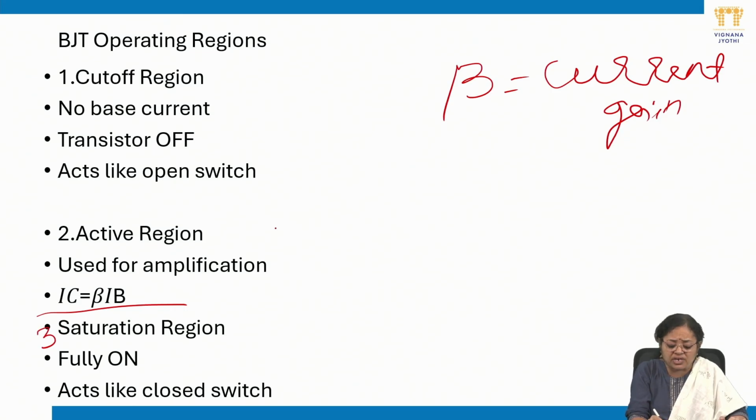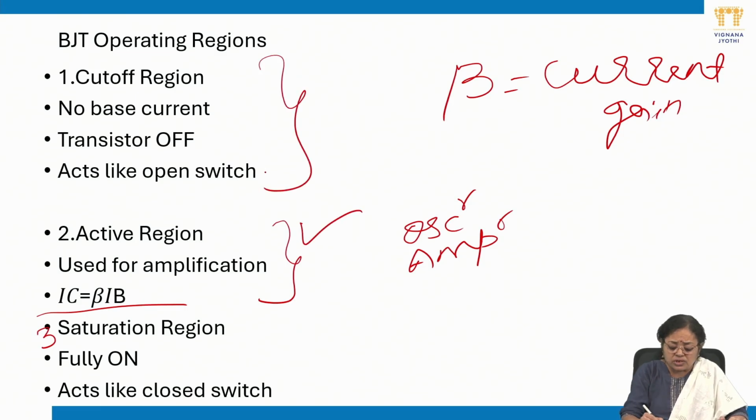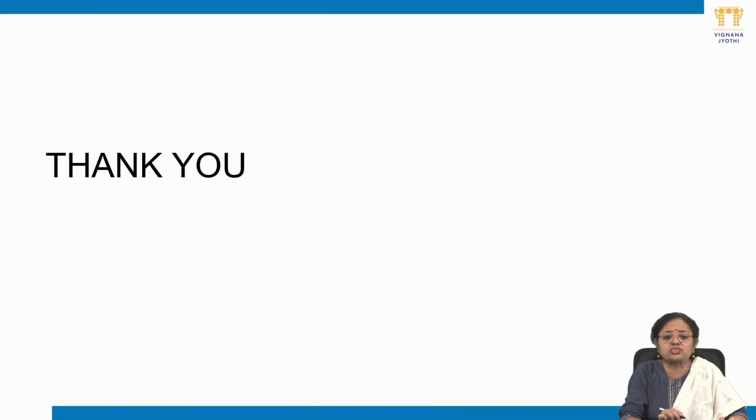So all the applications, for example oscillators, amplifiers, clippers, clampers, comparators, all the applications we find in the active region, whereas all the digital applications like switch, we find under the cutoff region and the saturation region. So these are the regions of operations for the BJT.